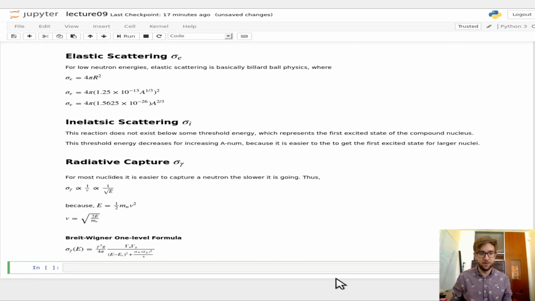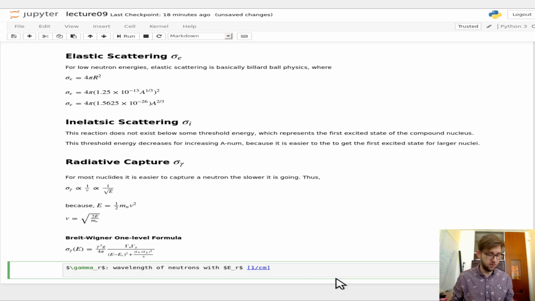Yeah, that looks right. That's a lot, but let's go ahead and define these. Lambda sub r is the wavelength of neutrons with the resonance energy E sub r, and because it's a wavelength, it has units of 1/centimeters.